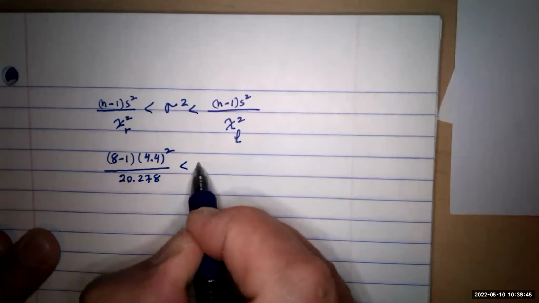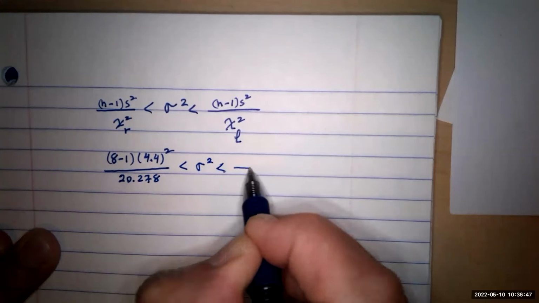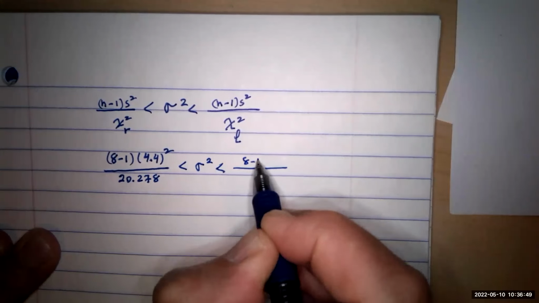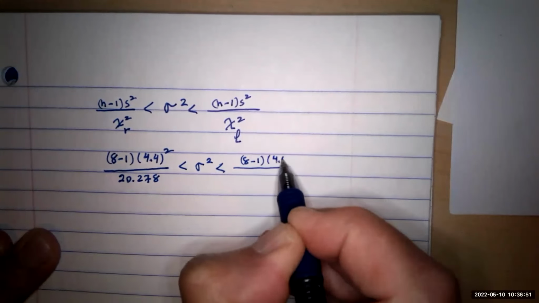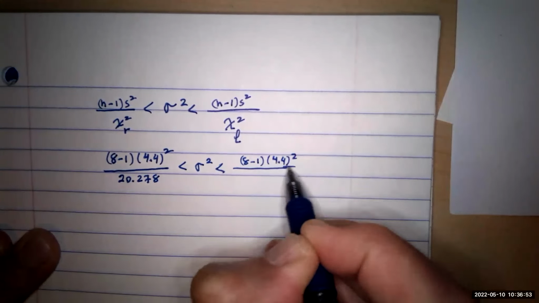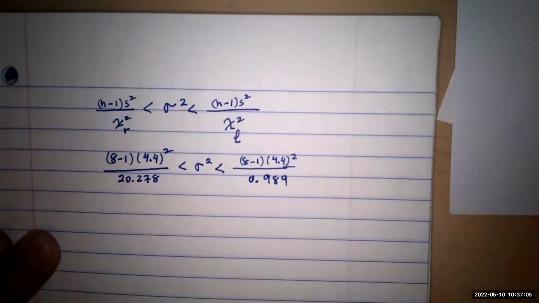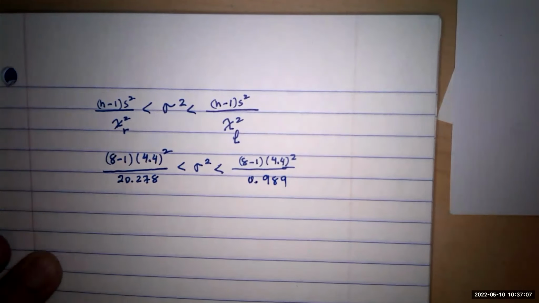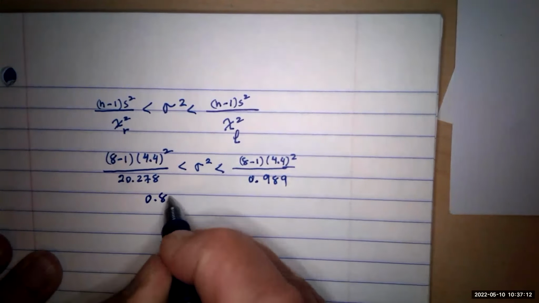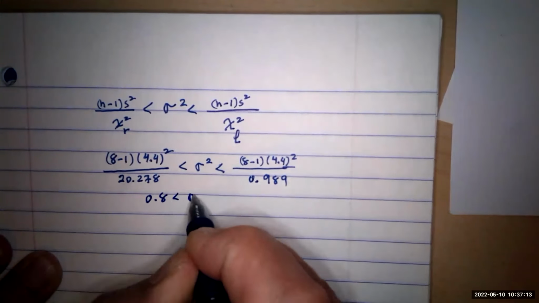Okay, and this is going to be less than sigma squared, less than 8 minus 1 times 4.5 squared, divided by the chi squared to the left, which is simply 0.989. Can we simplify it to get this result? You can check it, but I have 0.8 less than sigma squared, and this is less than 140.